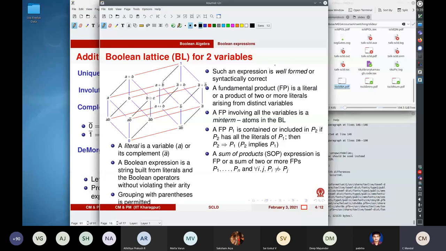At this point you are able to relate to what you have been doing. I think you have been working with sum of product expressions in your lab.